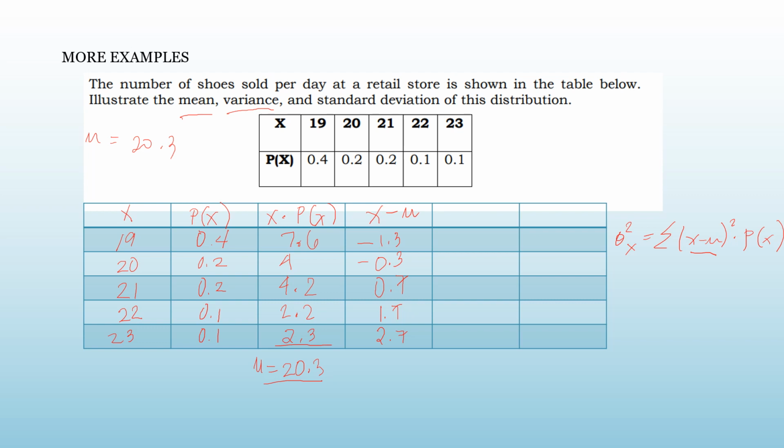Next step is to square the x minus mean. In short, multiplying this by itself. So, negative 1.3 times negative 1.3 is equal to 1.69.